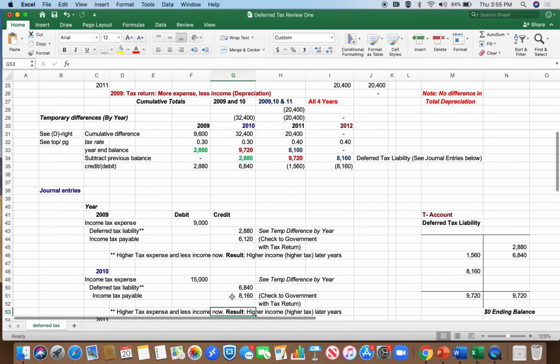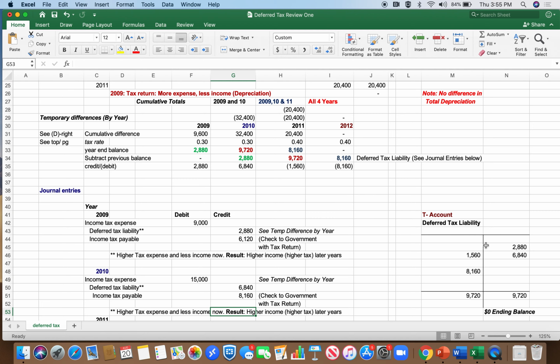Well, let's slide down to the journal entry. We've got more tax depreciation this year and less income, which means we're going to have higher tax expense in later years. So you've got to think about current years and later years. So more tax depreciation, less of a tax liability now, which means it's going to flip and we're going to have a liability later.